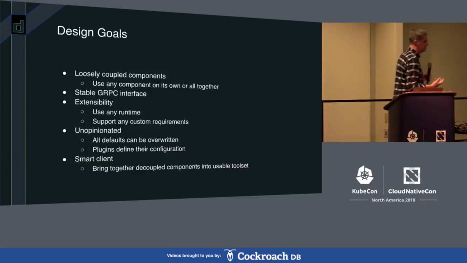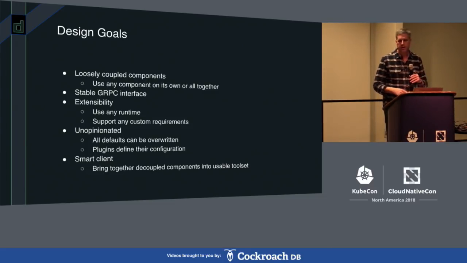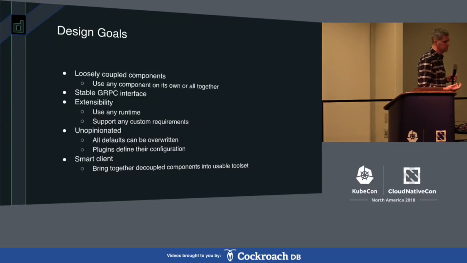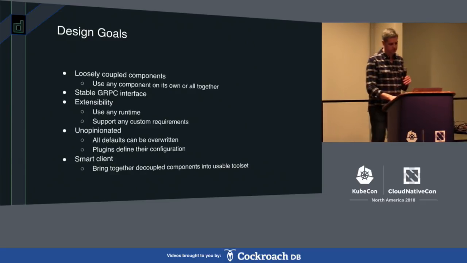So the fact that there are definitely defaults within Containerd, but they all possibly can be overwritten, and each plugin gets to define their own configuration. And then we have a Go client library that allows you to basically bring all these disparate components together in sort of a common way, which you can use that or you can write directly to the services.